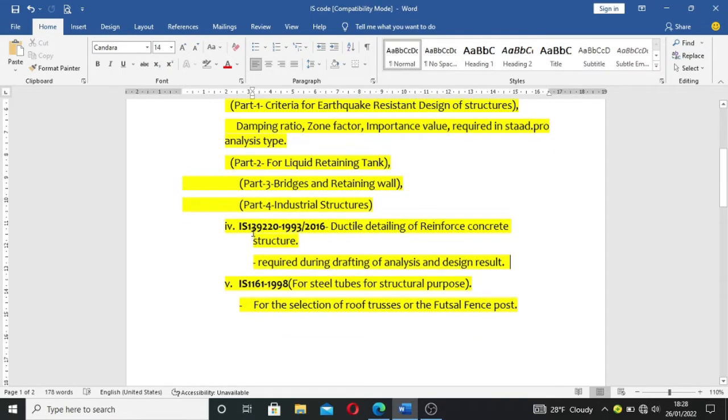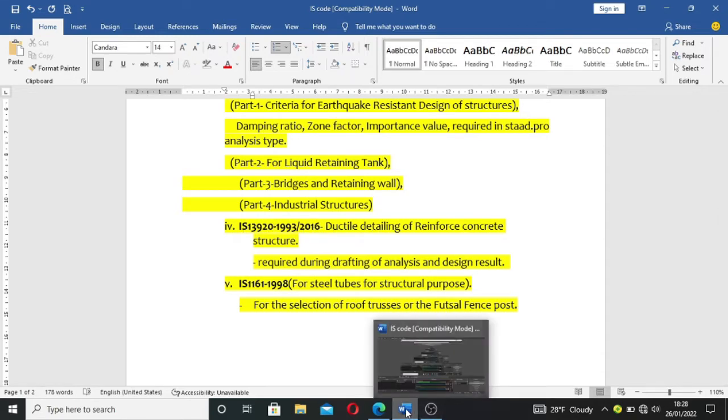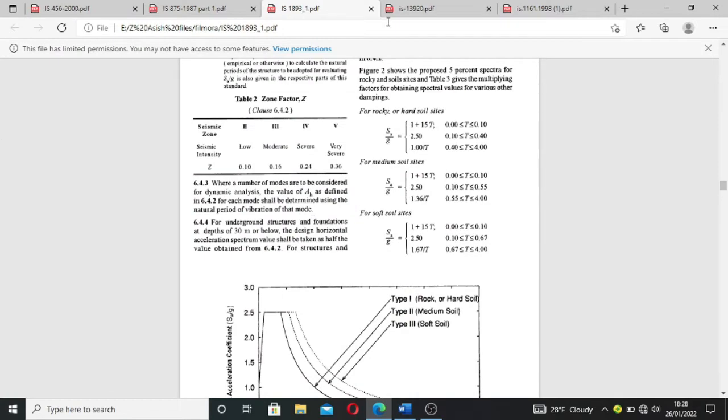Then next you can refer to IS 13920. Sorry, I made a mistake. Here you can see ductile detailing for reinforced concrete structures. This is also important while drafting.